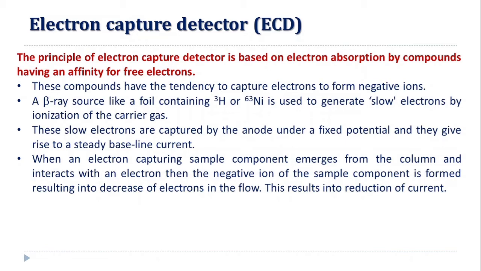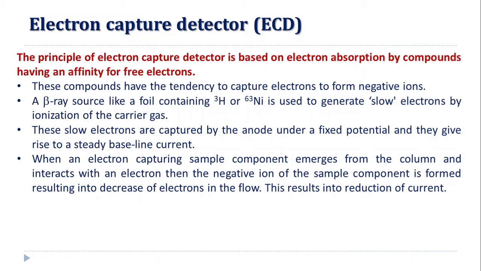If there is no organic substance, only carrier gas, then the carrier gas generates slow electrons by ionization, and those slow electrons are captured by the anode of the electron capture detector.